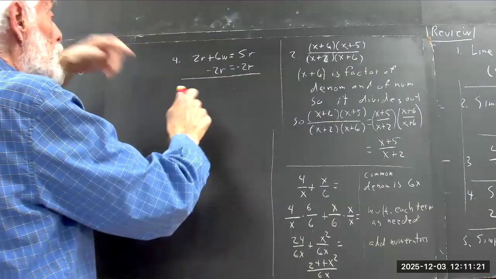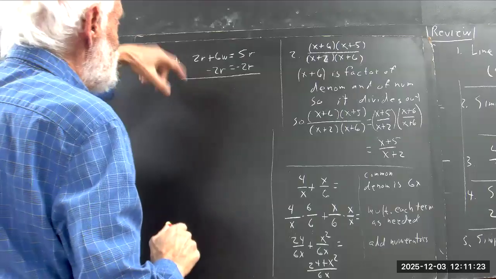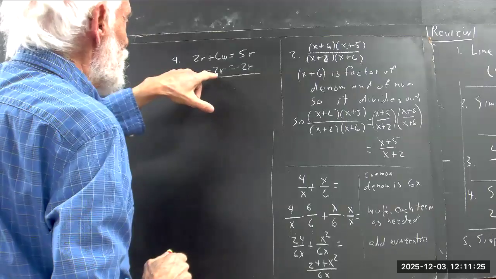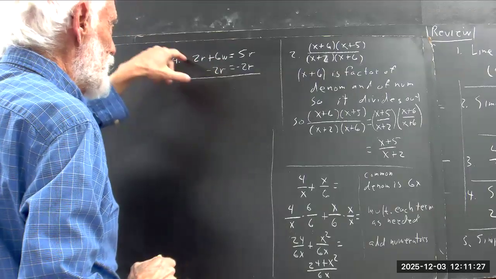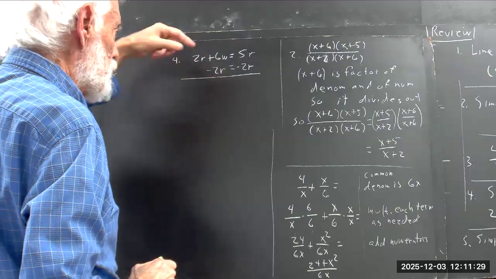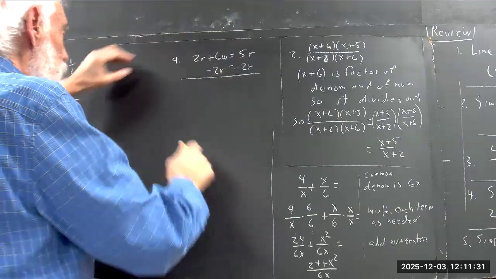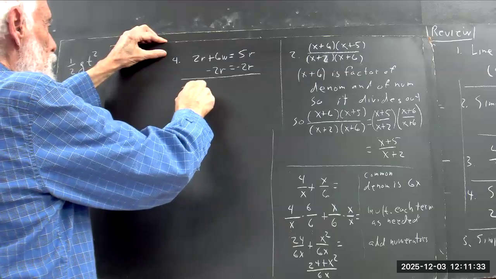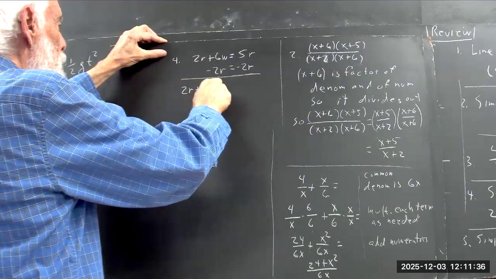Now I like to write the next step out without confusing, because this negative 2R is under the 6W. That indicates that somehow we maybe do 6 minus 2. It doesn't matter how you have it aligned if you write it out correctly.